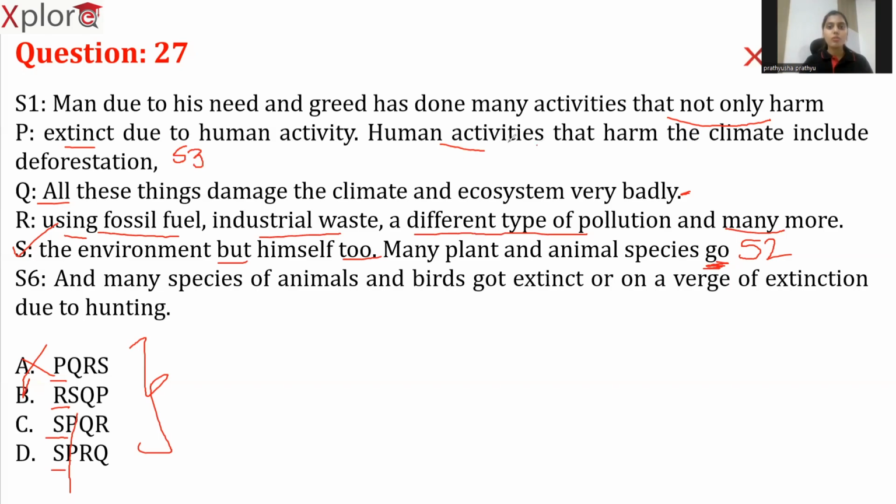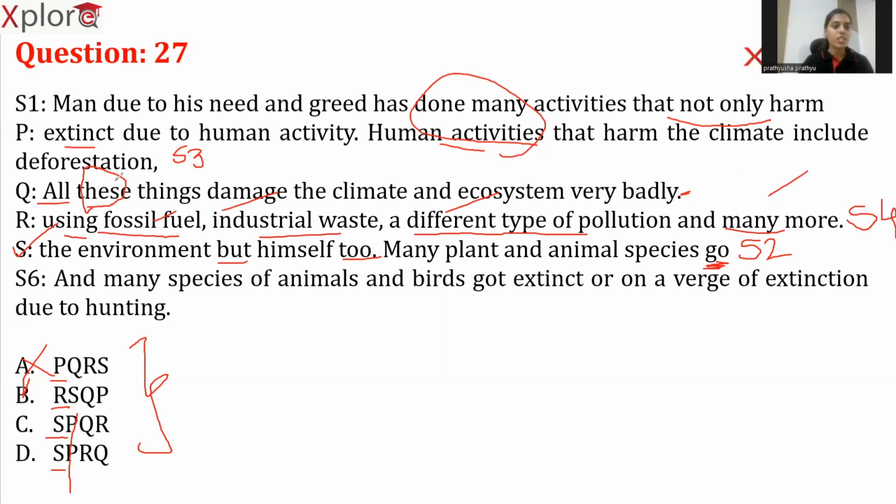So, what are these human activities that cause harm and which make the animals go extinct? These are those human activities, right? So, our statement 4 is R. So, all these damage the climate. Here you are saying all these. The term these is referring to what? Deforestation, fossil fuels, industrial waste, a different type of pollution, and many more.